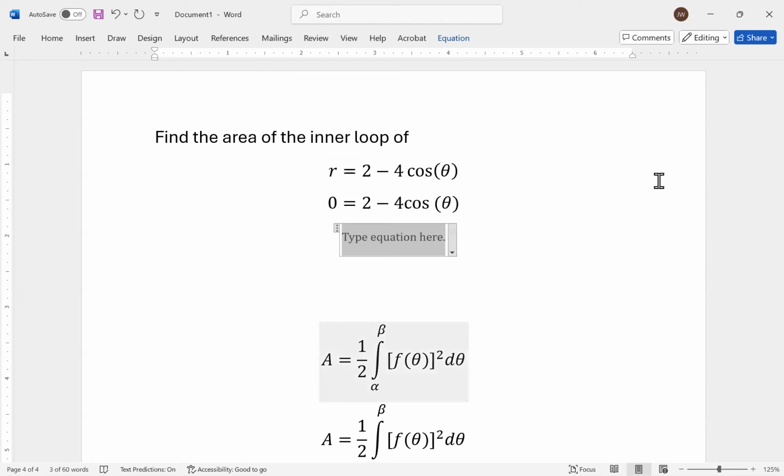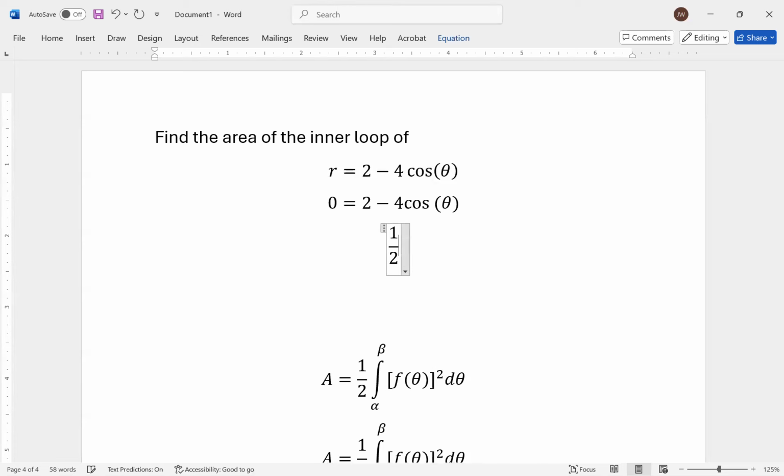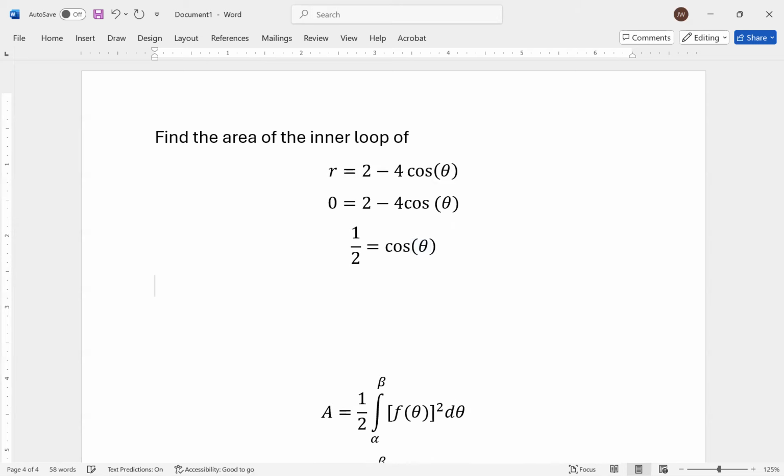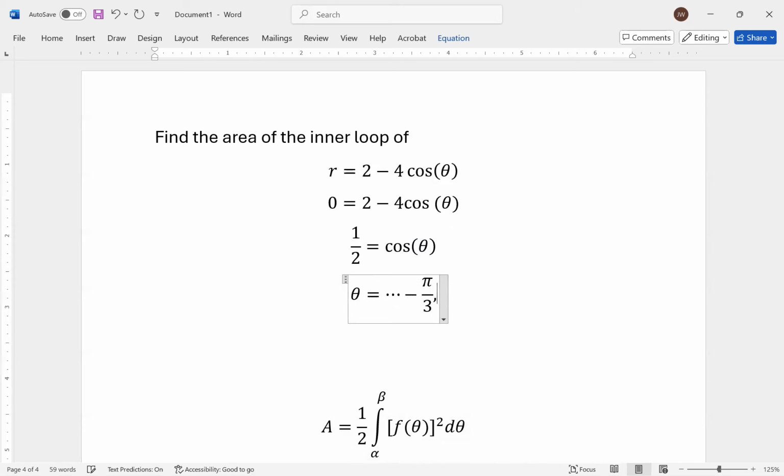I would have said, when does cosine equal positive 1/2? And where cosine is equal to positive 1/2 on the unit circle means that theta is equal to, you guessed it, negative pi over 3 up to positive pi over 3.